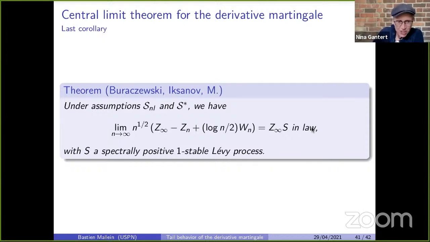But the conjecture is that you would really have a convergence of processes at this point. And the convergence of processes is a bit complicated, right? Because you would get D infinity minus D at time a times n, and this would converge towards the spectrally positive Levy process, but with a time change.